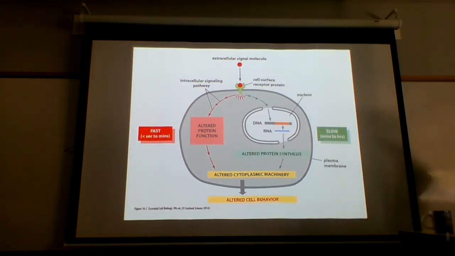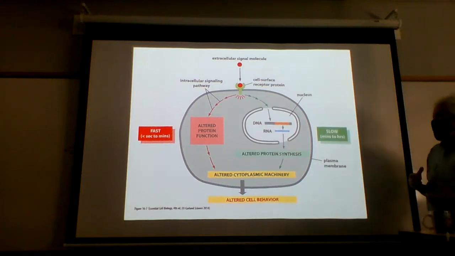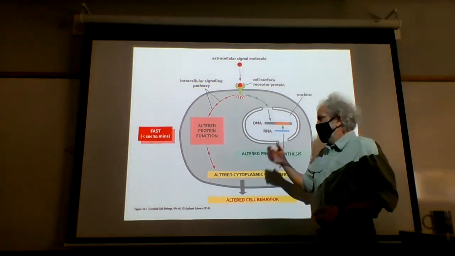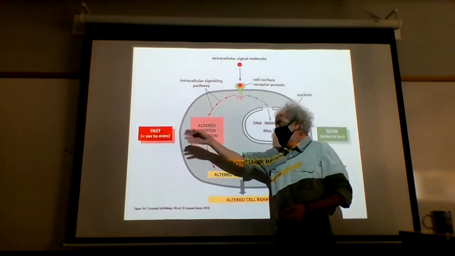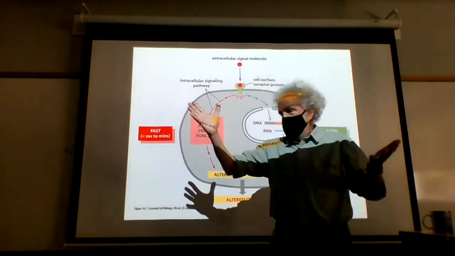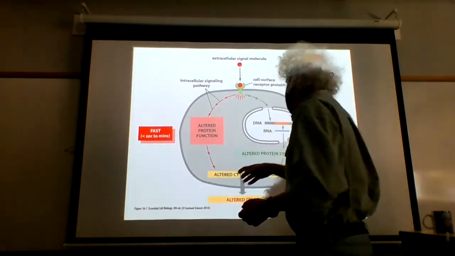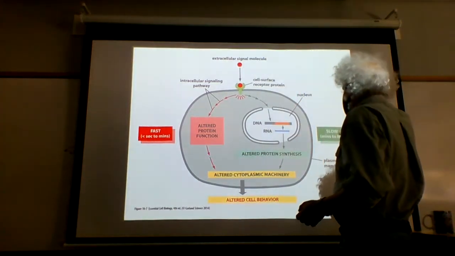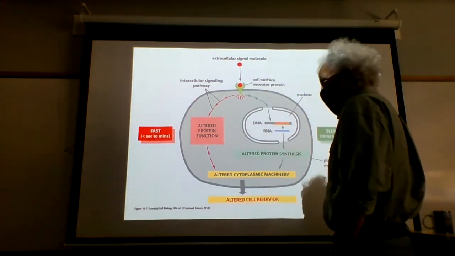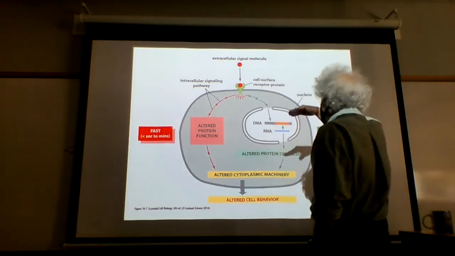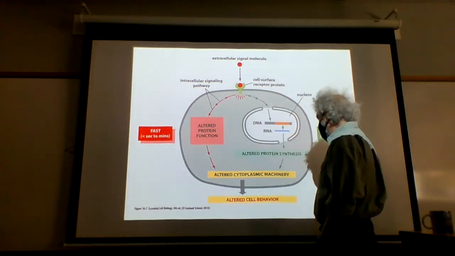All right, so what we got then is these two broad cases of cell signaling, things that can happen that change protein function very fast, seconds to minutes. This is going to be essentially kinase cascades of some kind. And then we have things that take a very long time, hours, and this is going to be at the level of gene expression, altered protein synthesis.